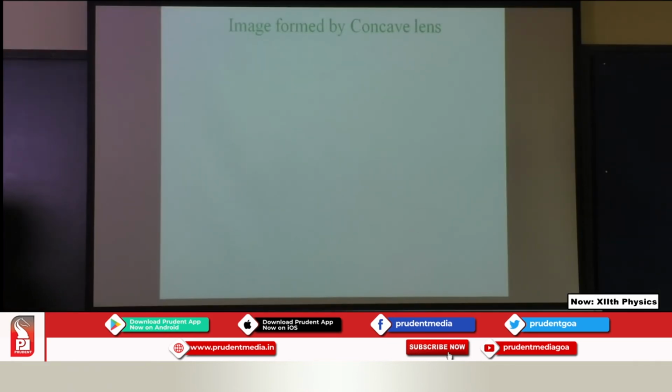Let us quickly go for the concave lens. So, I have a concave lens over here, the object is placed between f and 2f. We know it is a divergent lens, so the parallel ray is getting diverted, and here it is passing through the optical center. So, these refracted rays are not meeting, we need to produce them backward. So, here is the image formation.